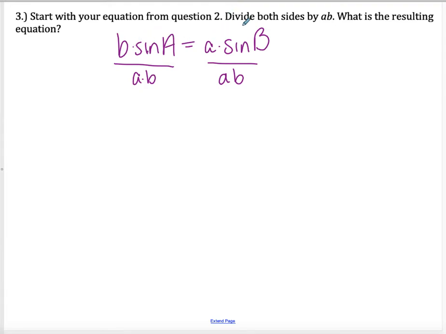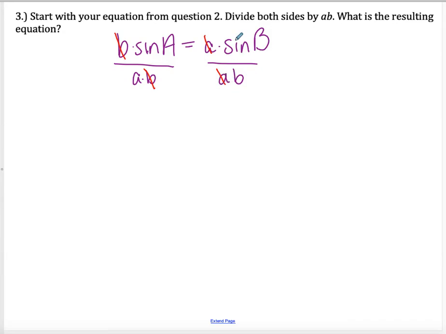Because all of these items are being multiplied together, I could cancel the b's on this side and the a's on this side. It's just the same as if I had 10 over 50.